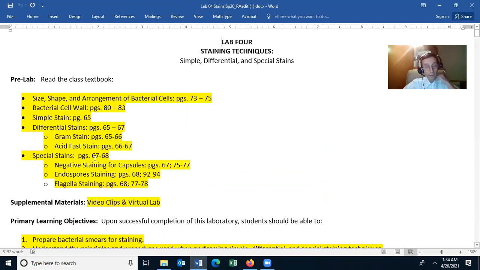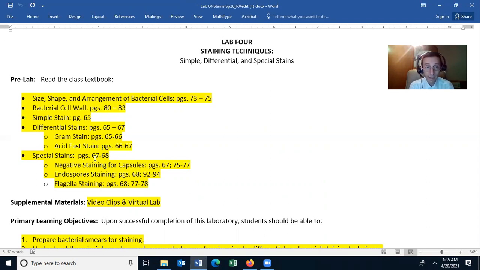There are 3 special stains we're going to talk about. The negative staining for capsules. And you should realize that a capsule stain doesn't have to be called a special stain. Depending on the stain, there are different capsule stains. Sometimes a capsule stain can be a differential stain, and other times it can be, well, a special stain.